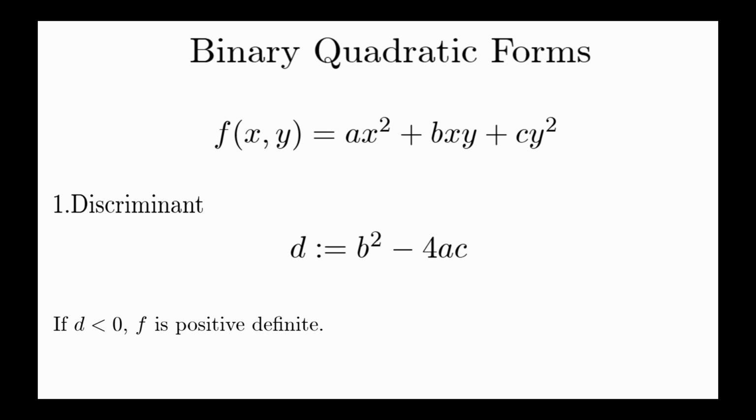Positive definite means that for whatever integer values you substitute for x and y, the value of f will be a non-negative integer, and besides it will be 0 if and only if x and y are both 0.